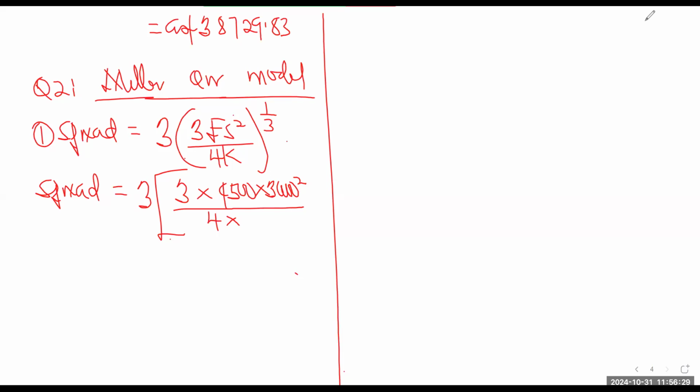Change that to decimal, so 0.03% divided by 100 gives 0.0003. And all of these to the exponent 1/3.